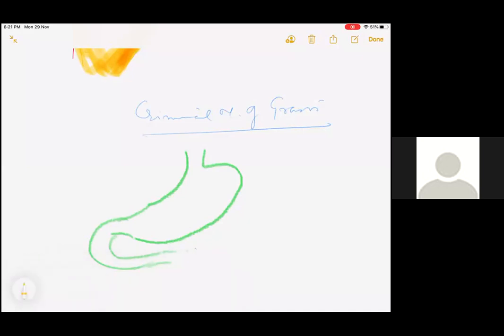Usually the main trunk would divide into an anterior one, which is actually the left. People confuse it. It is left because of its location, and the posterior is right. So kind of a misnomer, difficult to understand when you draw it. So I'll try to make them into different colors. I'm changing the position so that you're able to understand.